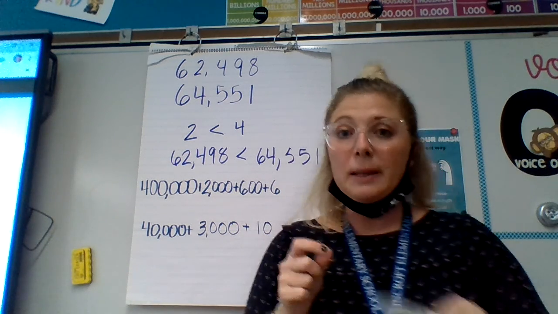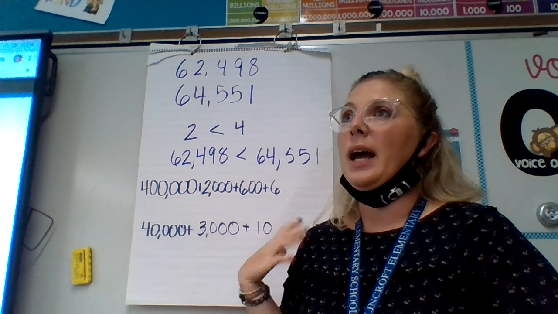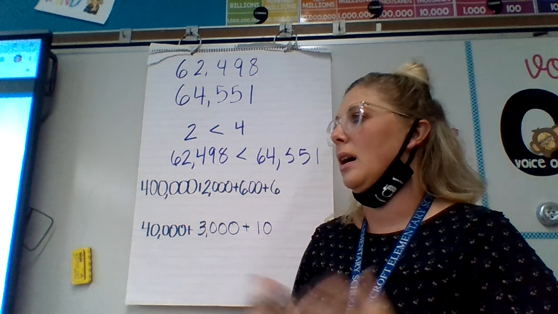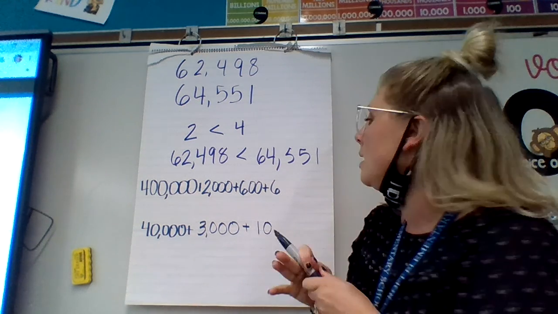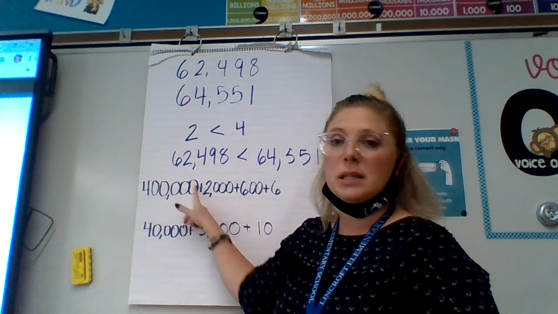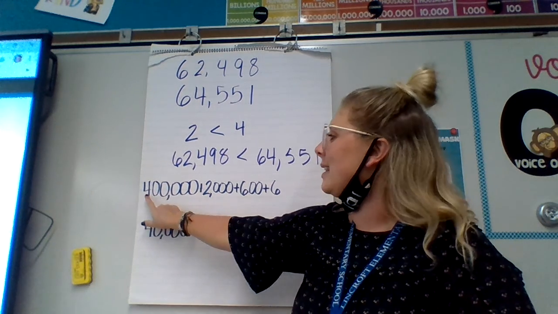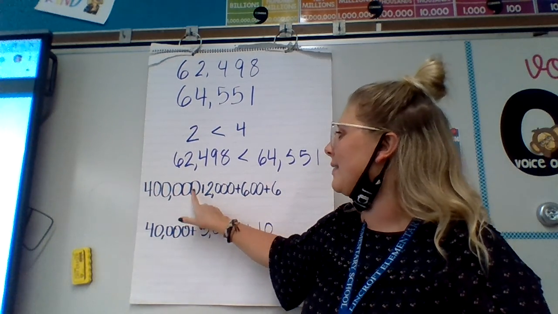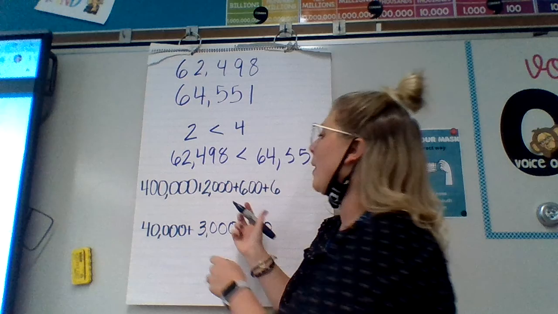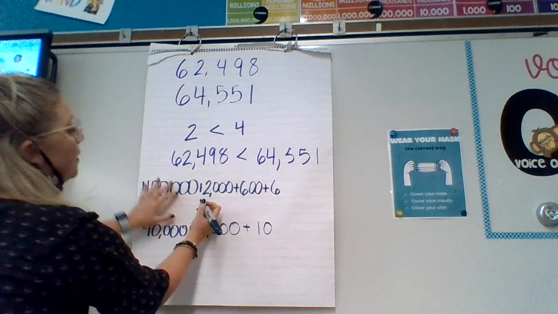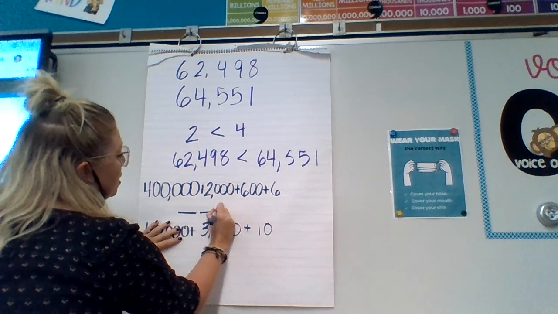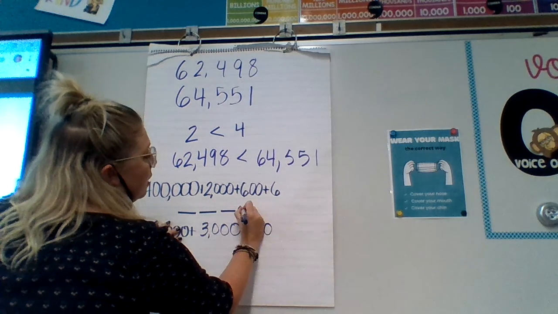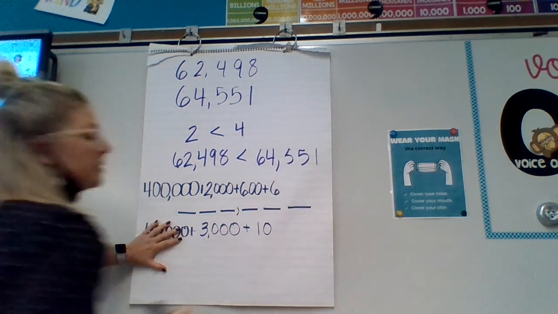A simple way to do this, and I almost think of it as a game, is I look at my biggest number first. I see that there are 6 digits, so I'm going to have 6 places: 1, 2, 3, comma, 4, 5, 6.